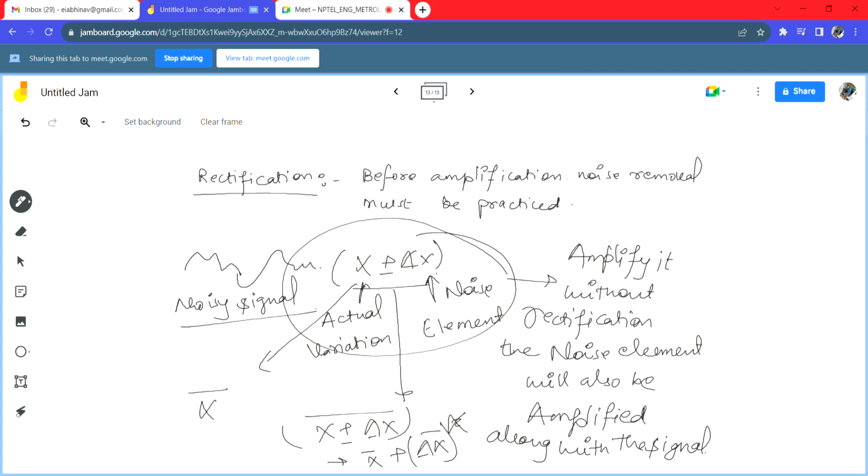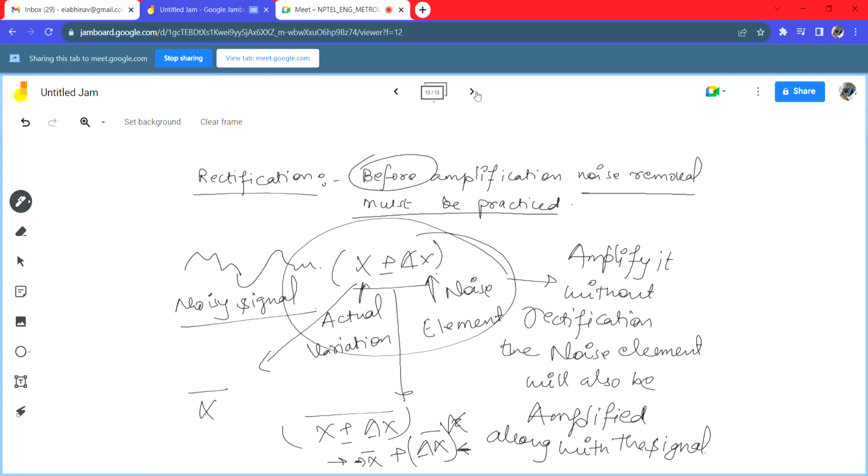It can be a square, it can be a cube, it can be a linear variation with a multiple, it can be anything. So this element will also get amplified along with this input signal. So we must practice this noise removal over here before the amplification is done.